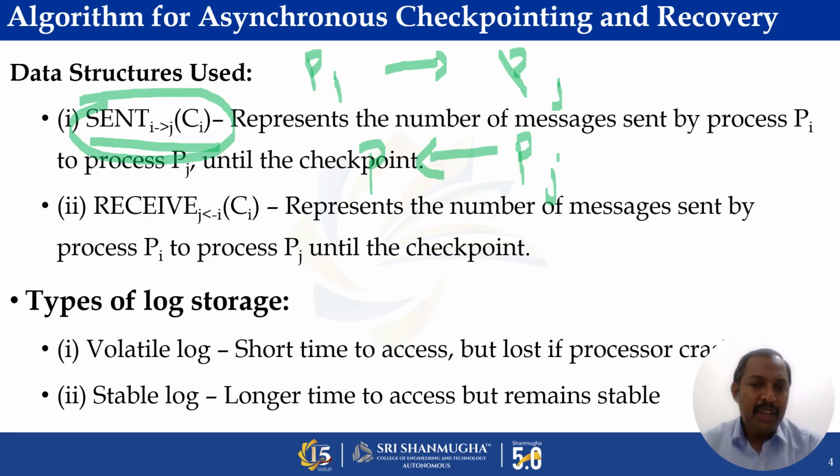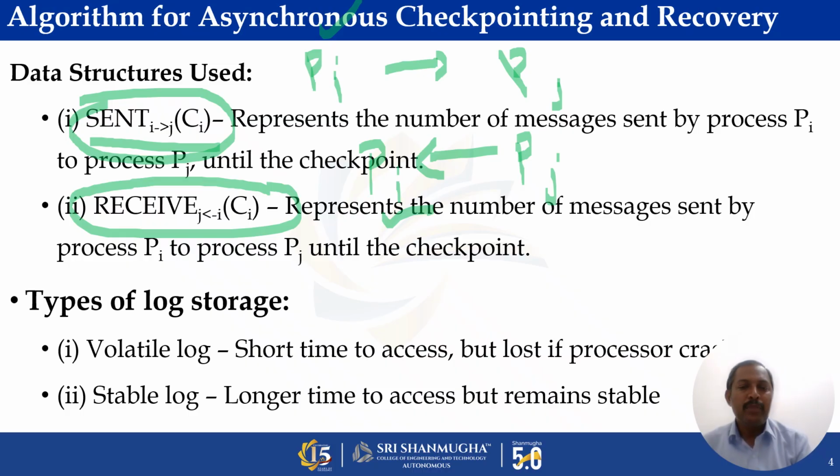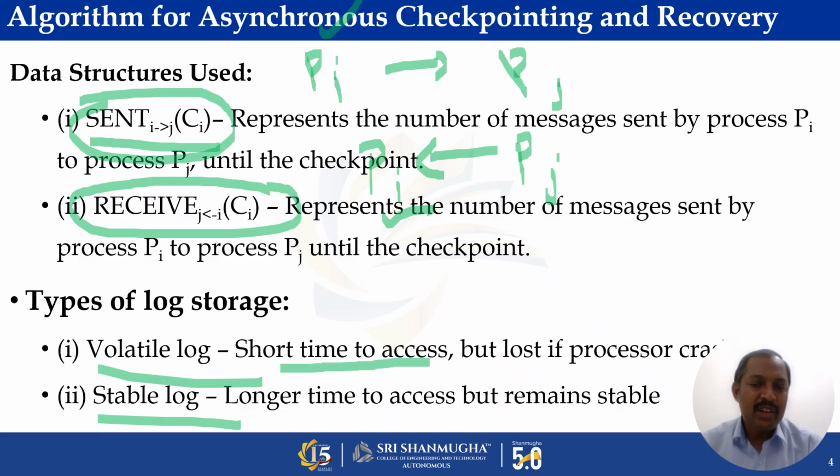That means Pi sent how many messages and received how many messages; these two pieces of information are stored in the data structure. Here two types of storage are used: volatile and stable. Volatile storage is available for short-time access but is lost if a process crashes. Stable storage is permanent storage, and data remains there for a longer time.